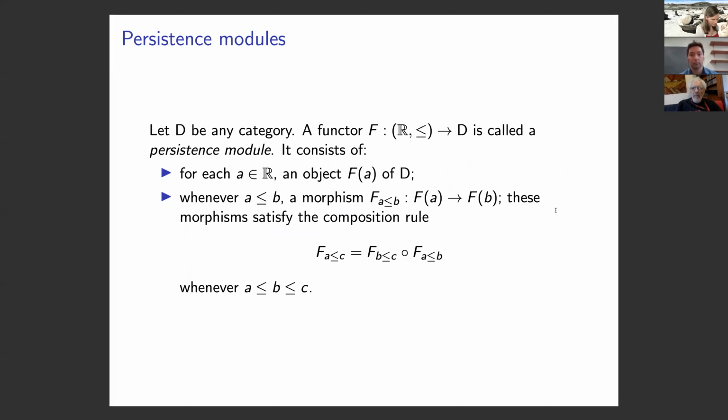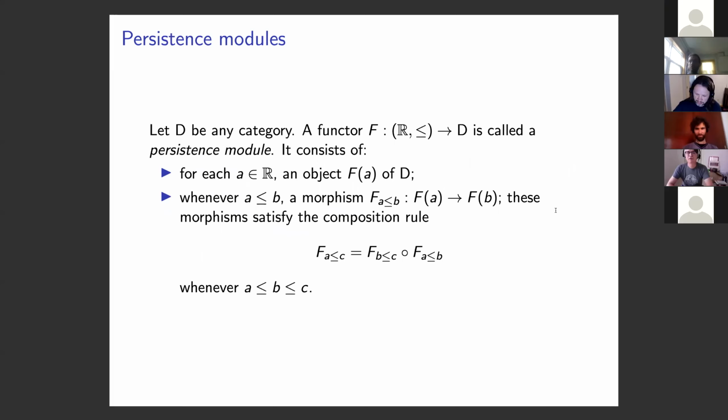So what are these persistence modules? I realize this is not a TDA session, so I won't go into too much detail, given only 20 minutes to talk. But essentially, you start with data, and through various methods you get yourself a filtered complex.